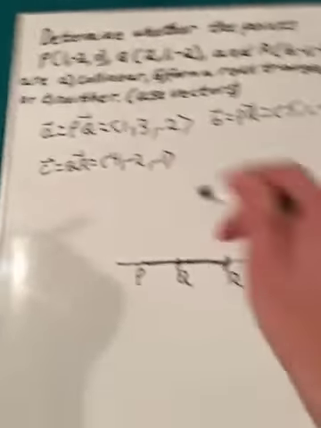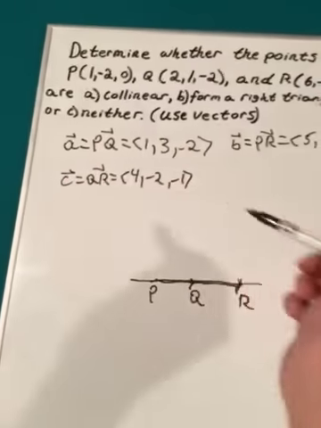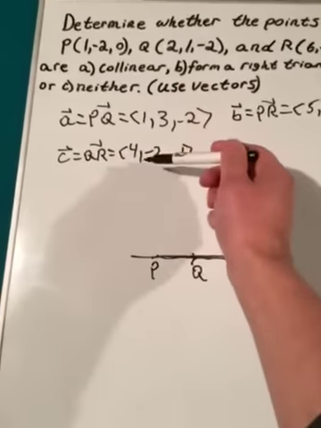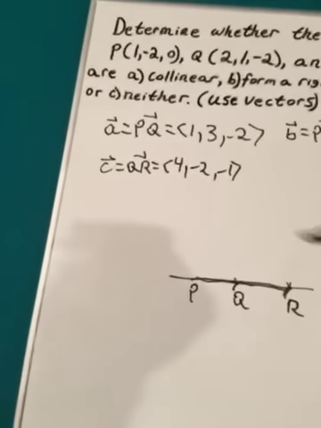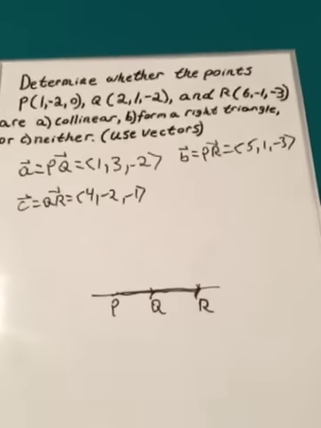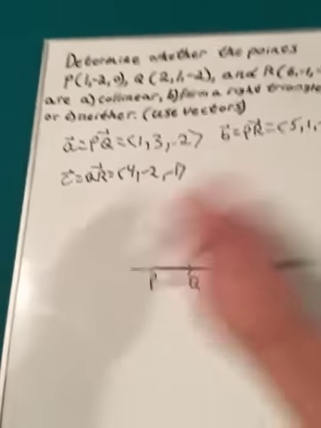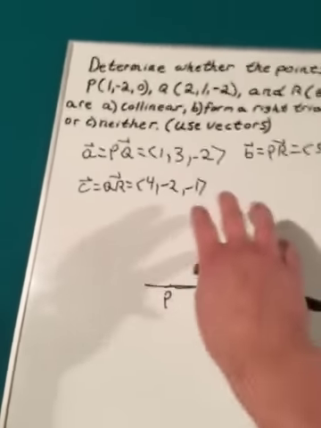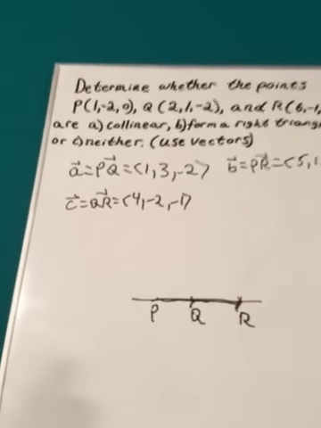And you can check the same for any other two of these vectors. You can check A and C. You know, to go from 1 to 4, you must multiply by 4. But that is not how you go from 3 to negative 2. So none of these vectors are scalar multiples of each other. Therefore, these points do not lie on the same line, and they are not collinear. Okay? So we found that these points are not collinear.